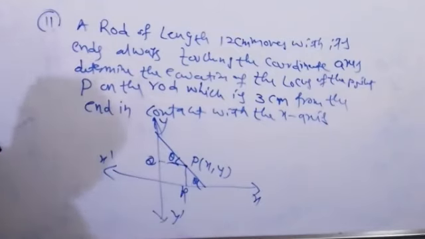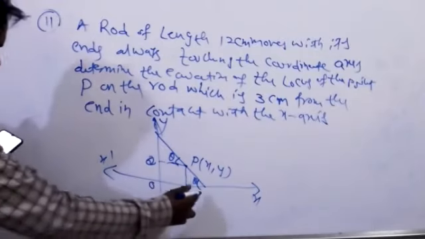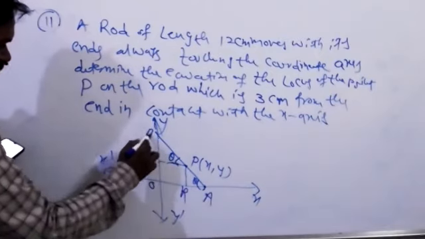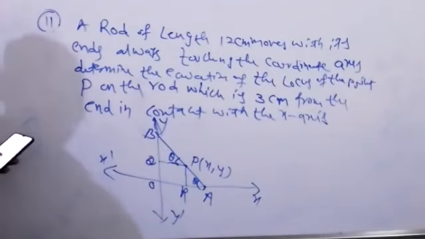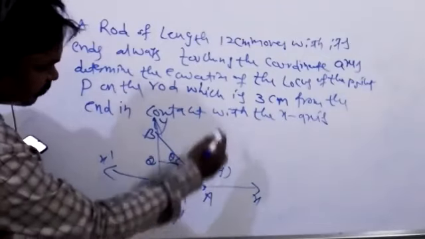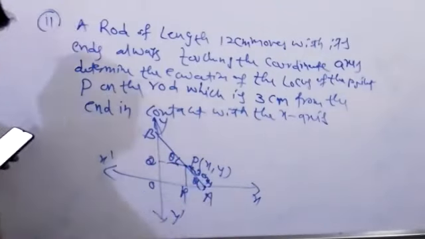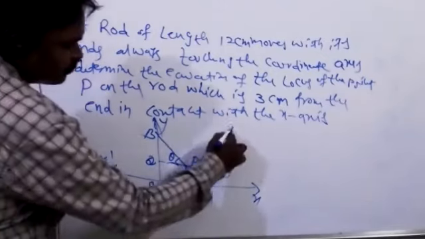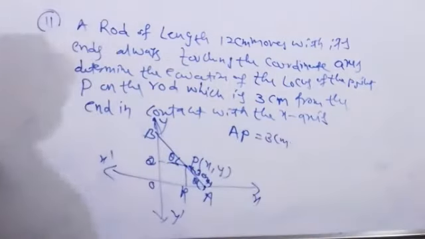Then find the triangle. This point is A, suppose A, B. AP is 3 centimeters. Then find PB.